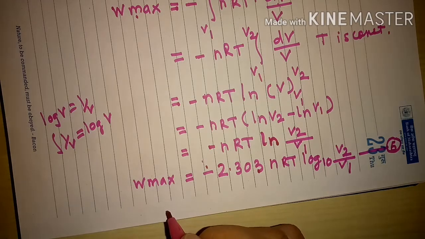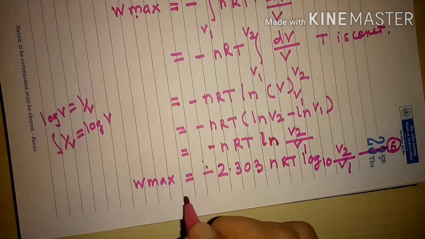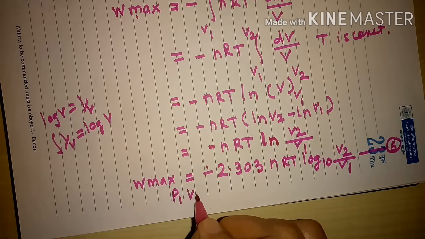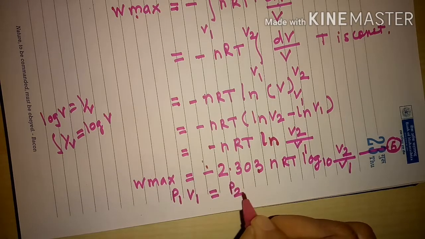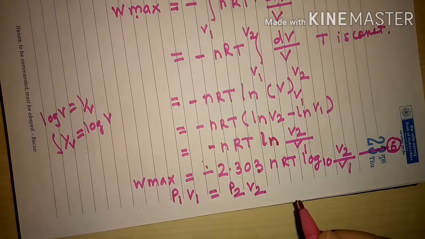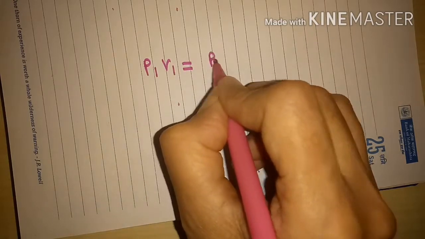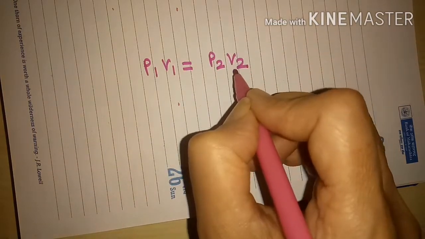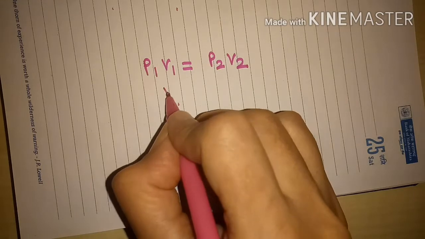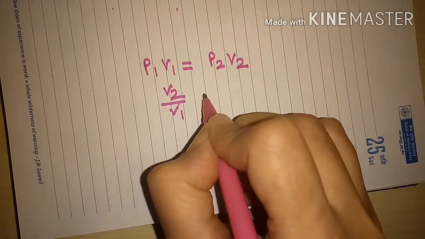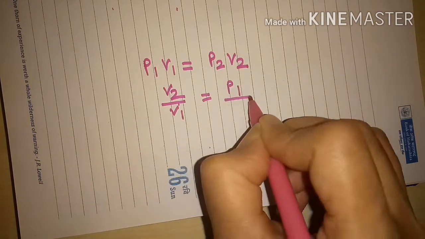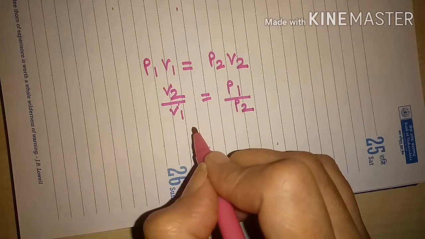Now at constant temperature, P1 V1 will be equal to P2 V2. If you rearrange this equation, you will get V2 upon V1 equal to P1 upon P2, isn't it?